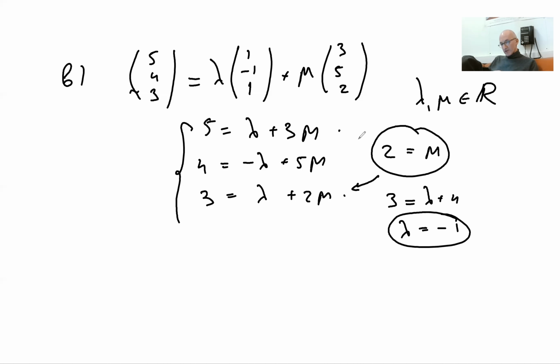On the other hand, if you substitute it here, what do you get? You get 4 equals minus (minus 1) plus 5 times 2. Contradiction. 4 is not 11. Contradiction.